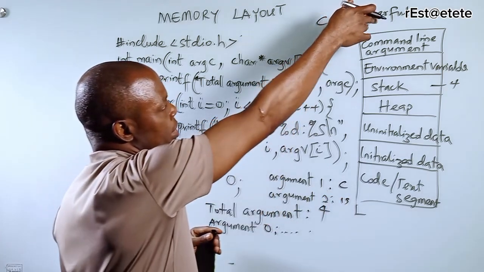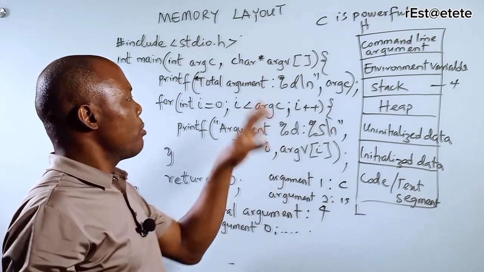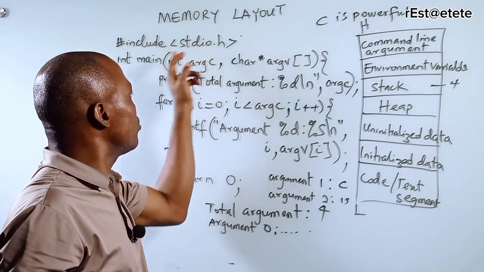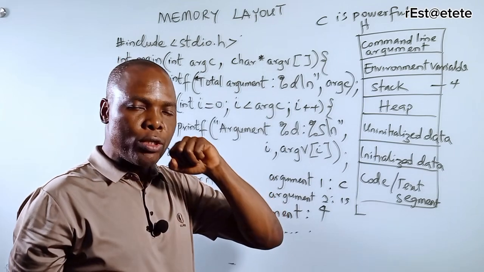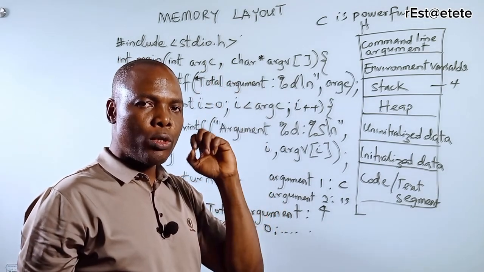Then argument 3, it will print out powerful. So that's what it's going to print out. But the arguments are coming from what? The command line argument. So this is how you use this incarnation of what? C. In the next class, I will teach you how to use this concept to add two values together.